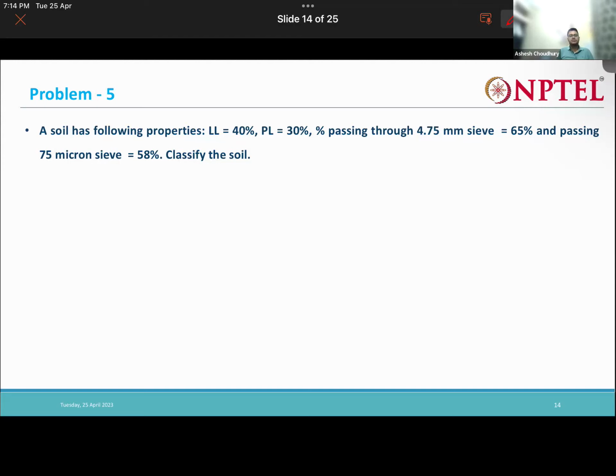Soil classification enables us, at first glance, to identify the probable properties of the soil, and you can also guess about the strength of the soil somewhat, not that much actually, but you can just guess how the soil might behave. So that's why soil classification is very important.